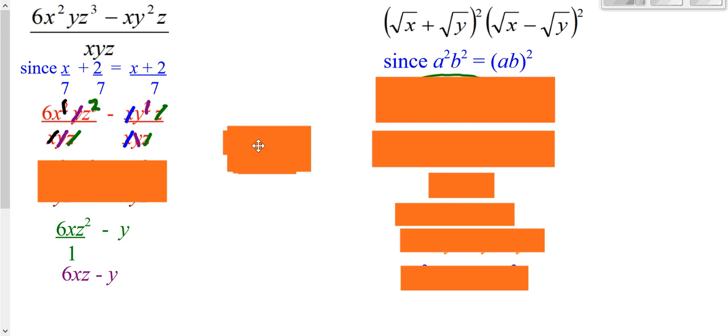This top right one, there's a couple ways we can do that problem. We could go root x plus root y times another root x plus root y because it's squared. We could take a root x minus a root y times another root x minus a root y because of the squared. Some of you might be tempted to bring the squared into each one, but remember we can't do that when there's a plus or minus on the inside.